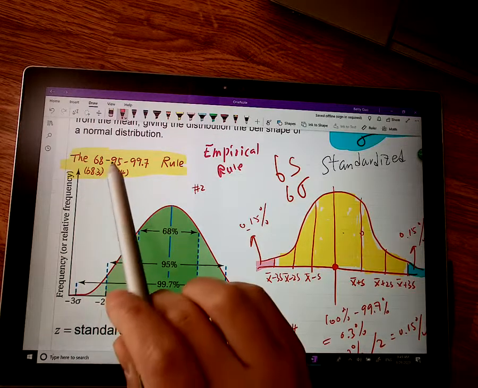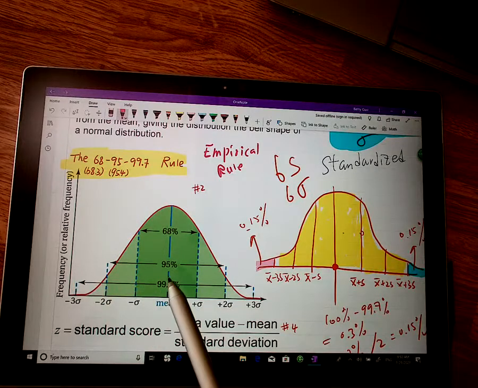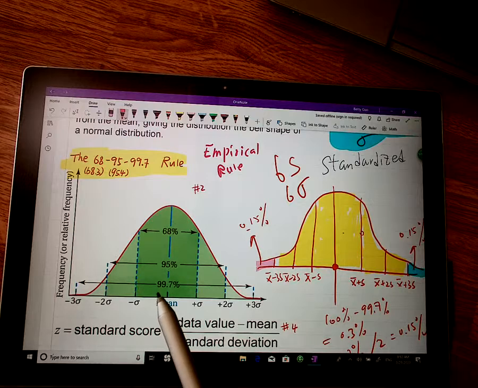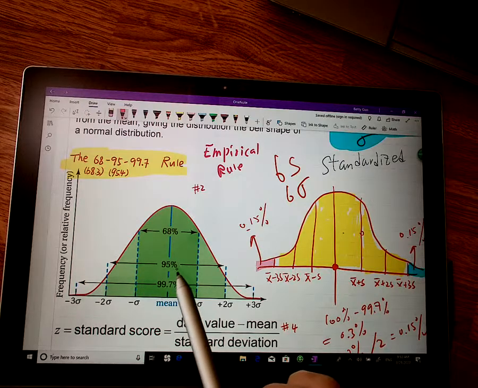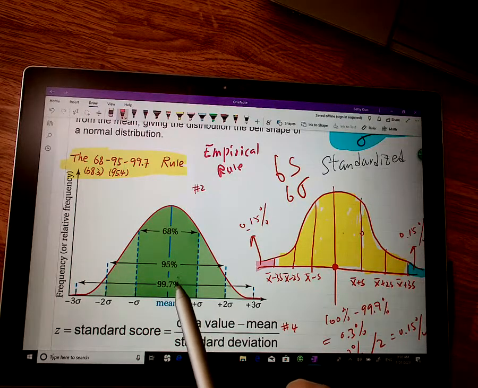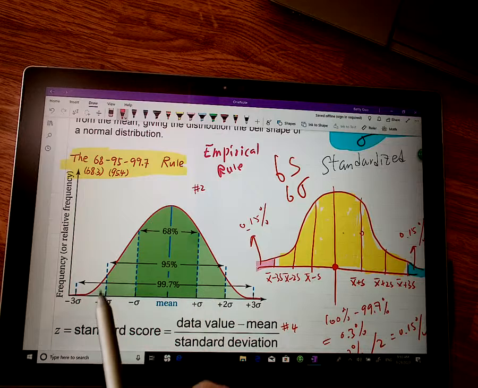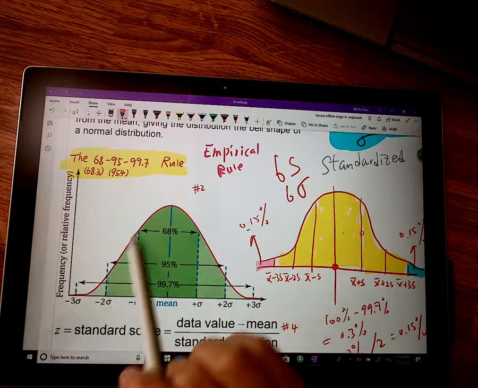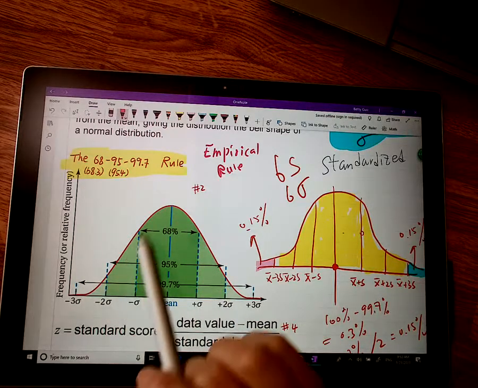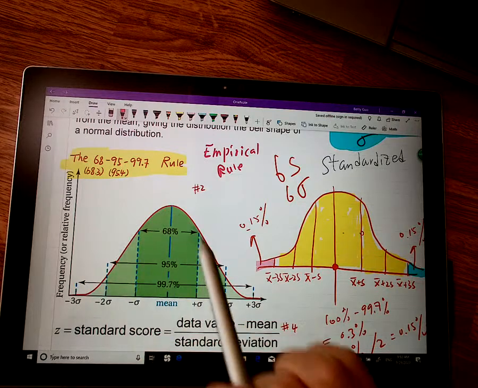95: if the population is normally distributed, then about 95% of the values in the population fall within 2 standard deviations away from the mean. Okay? 95% is like a majority, a very big portion.